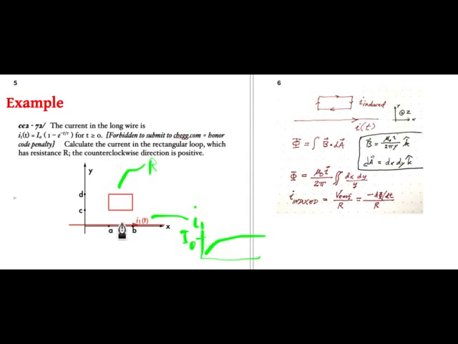All right, that's I1. What's I in the wire, in the rectangular loop? And we'll give the rectangular loop dimensions. It extends from A to B in the x direction and from C to D in the y direction.